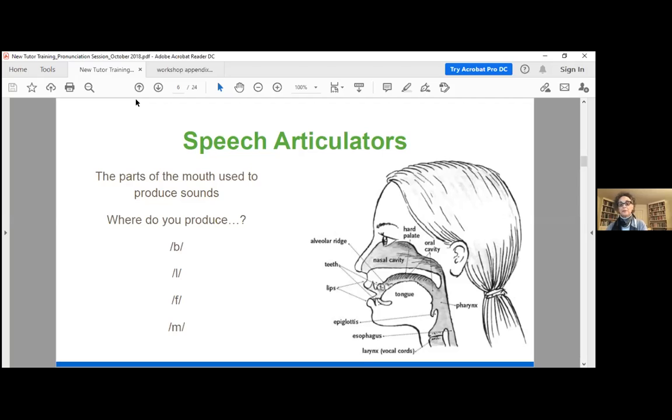There's another important part that you're using that we don't think about. So I want you to try to say the sound of the letter M, and hold your nose at the same time. What happened there? So you're using your nose as well, and that's why a lot of times when you have a cold, you can't do the M sound.